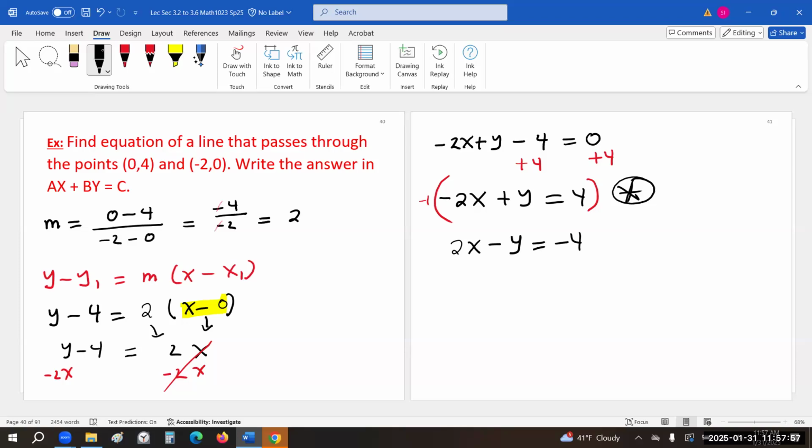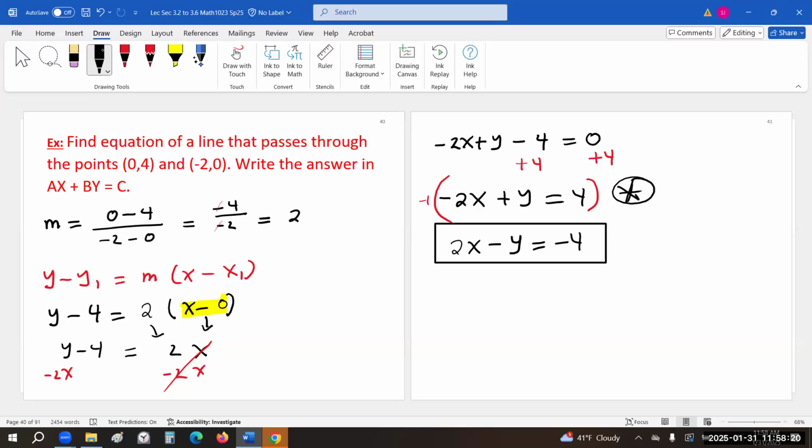Similarly, we have to start our equation with something positive, not negative. So this is the method by following the first method.